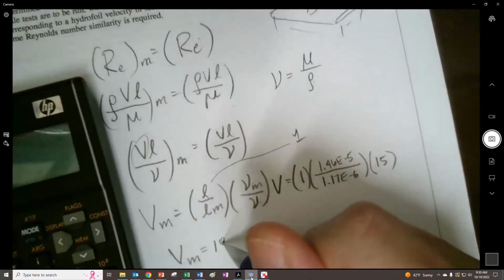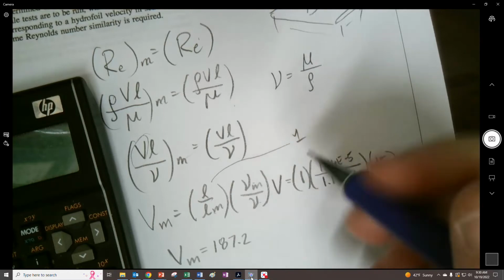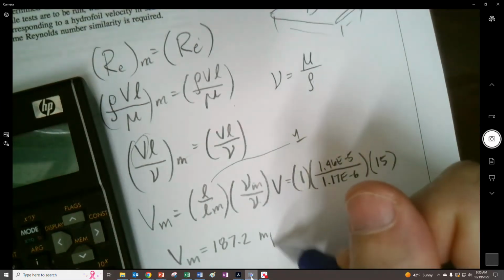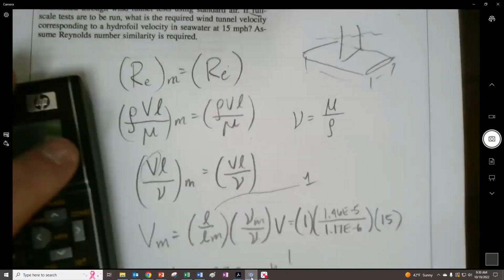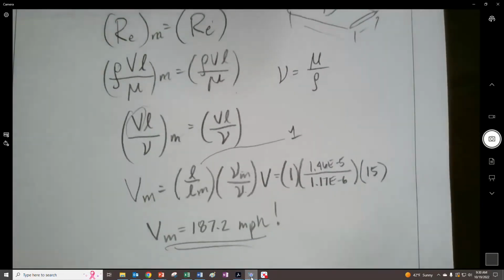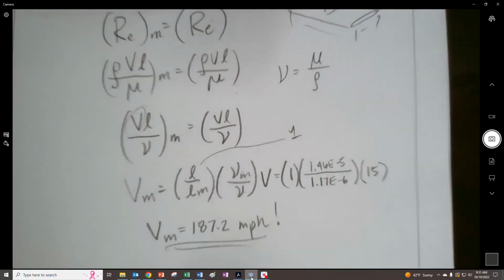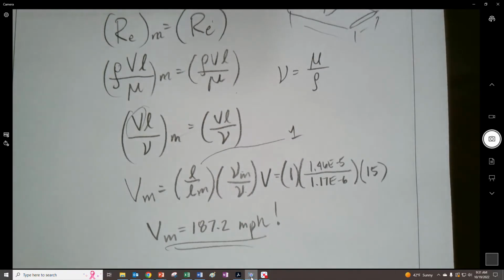And we need 187.2 miles per hour to be able to have Reynolds number similarity in this problem, and that's probably going to be an issue, right? You're going to have to make your wind tunnel pretty darn fast. That's probably a pretty hefty fan you'd have to go through for that.